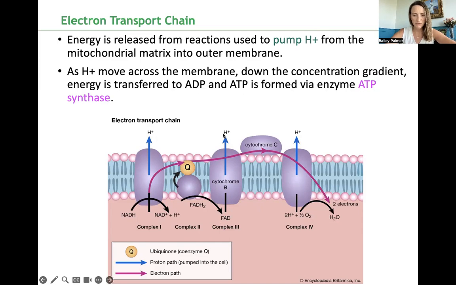So the purpose of this first part is understanding that NADH and FADH2 drop off their hydrogens, and they pump their protons up out of the mitochondrial matrix, across the inner membrane, into the intermembrane space. What happens to the electrons? Well, it's called the electron transport chain, this little pink pathway.